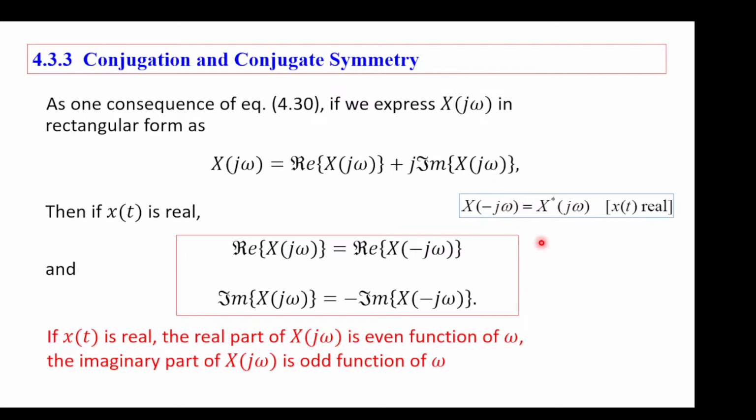Then you take the frequency reversal on both and complex conjugation on both. Complex conjugation doesn't change the real part, so the real part equals its frequency reversal, so it's an even function. If you do complex conjugation on the imaginary part, the j gives you a minus sign, so the imaginary part is the negative of the imaginary part with frequency reversal, so the imaginary part is an odd function.